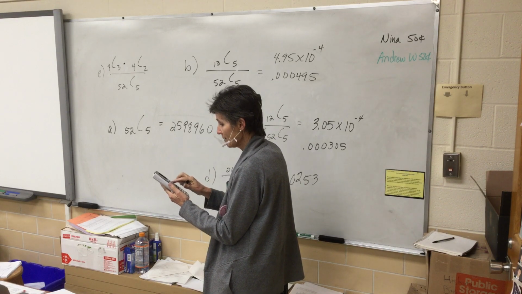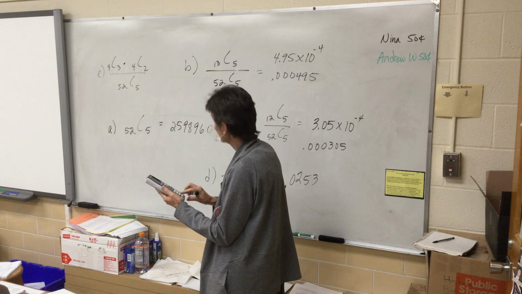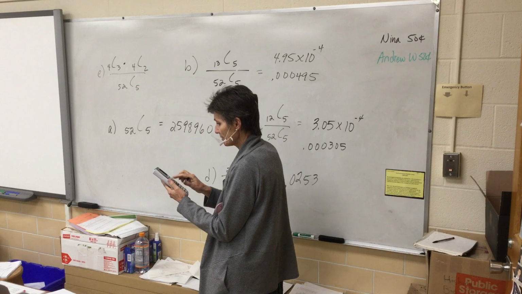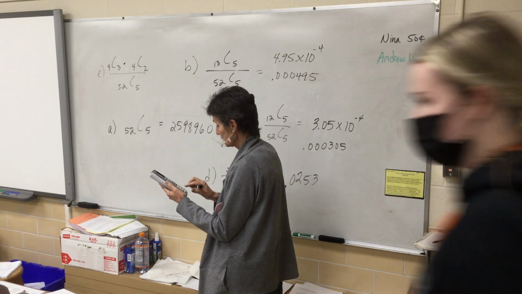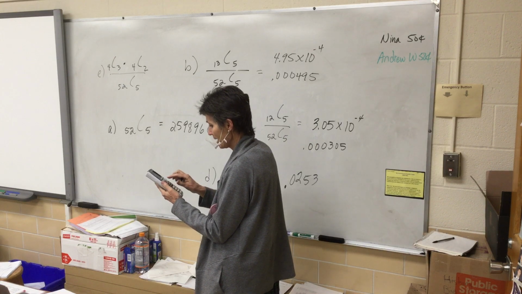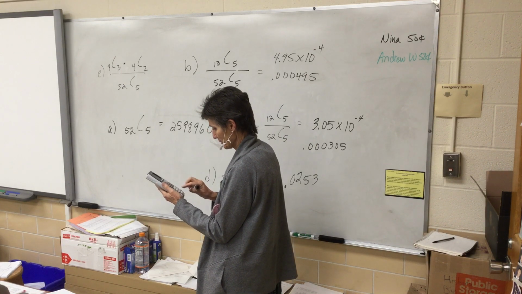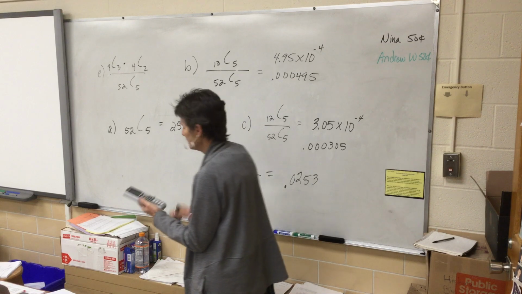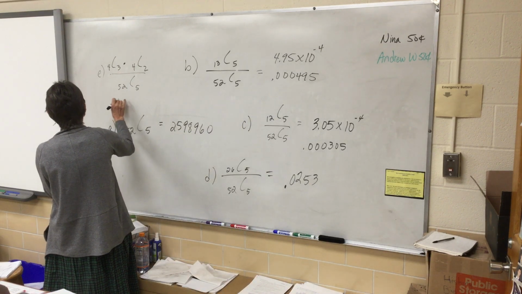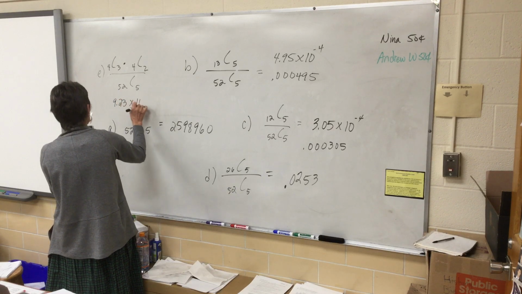So 4 nCr 3 times 4 nCr 2 divided by 52 nCr 5. Oh, tiny, tiny number. I got 9.23 times 10 to the negative 6th.